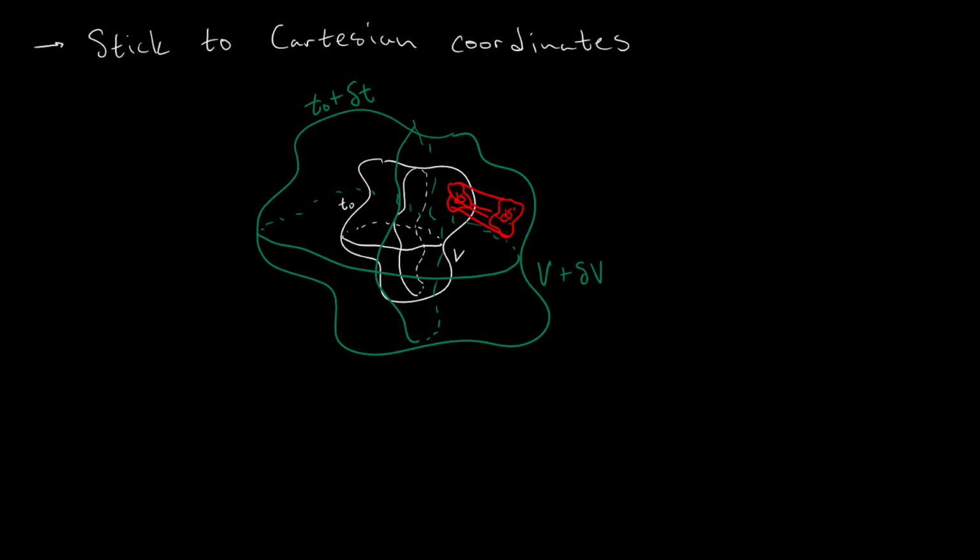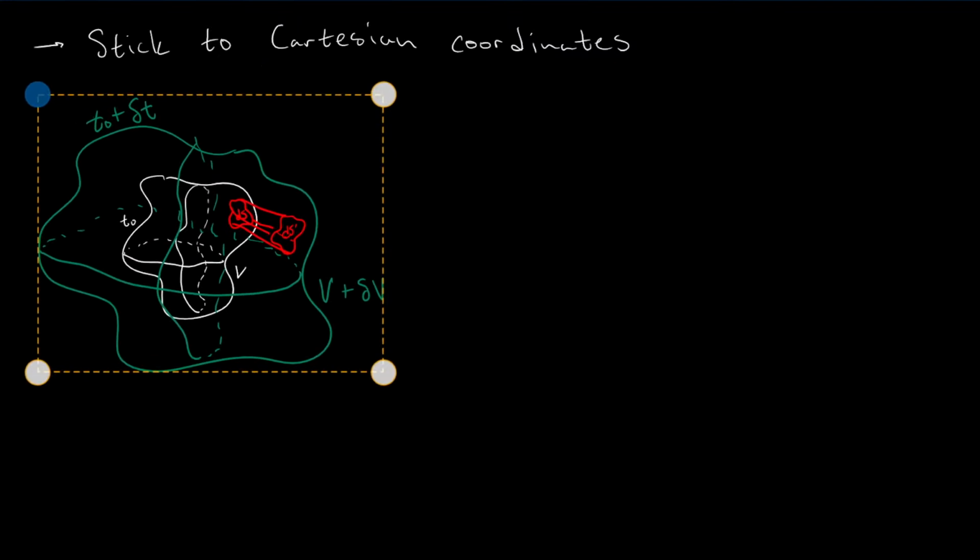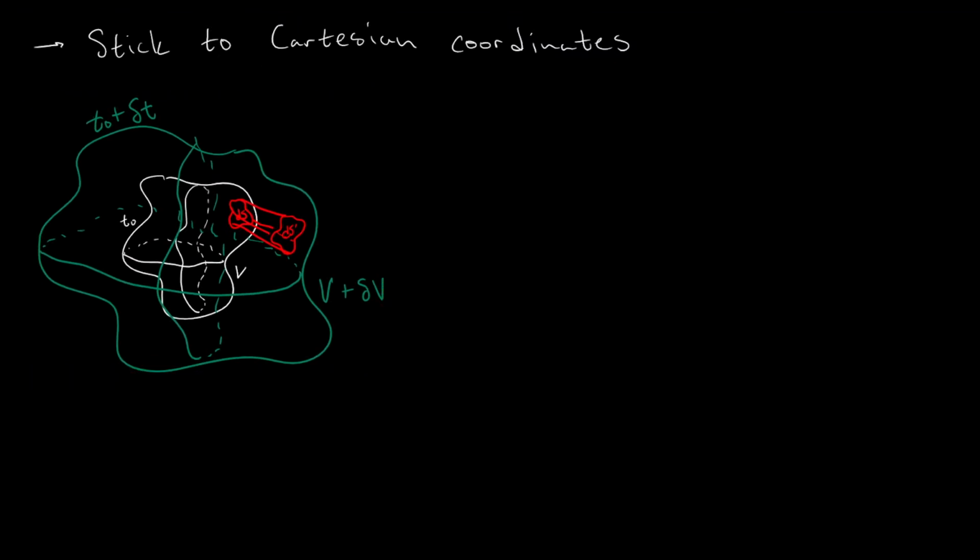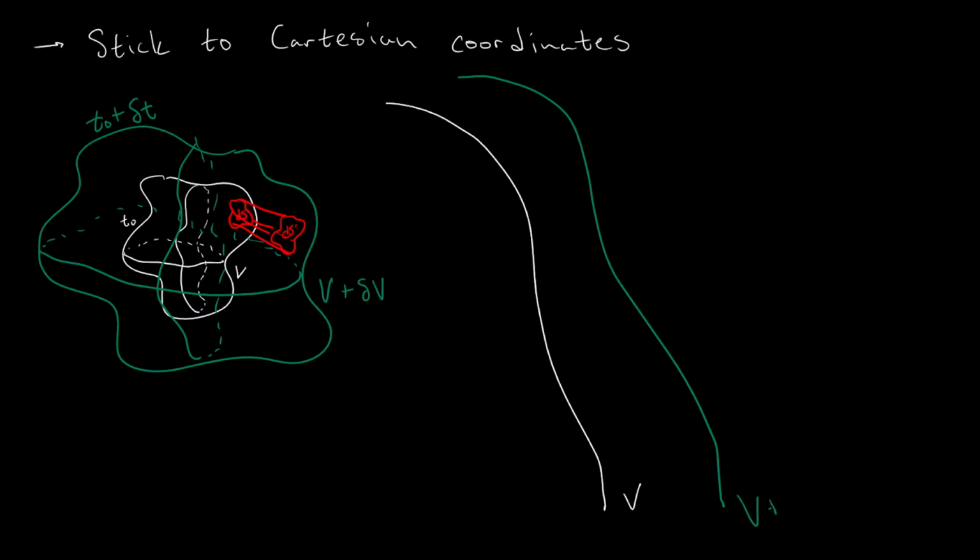And actually, I'm going to shuffle things around, move this over here, and blow this up. So here I have some piece of V, and here I'm going to have some piece of V plus delta V. And just for simplicity, I'll just draw this as a circle here on V, and this is going to be ds.